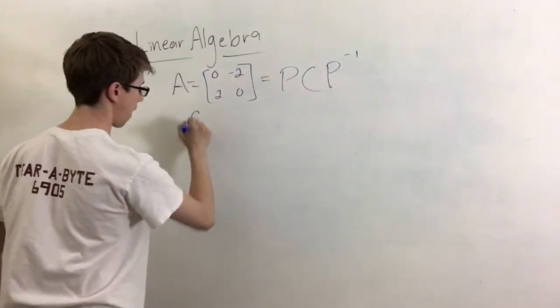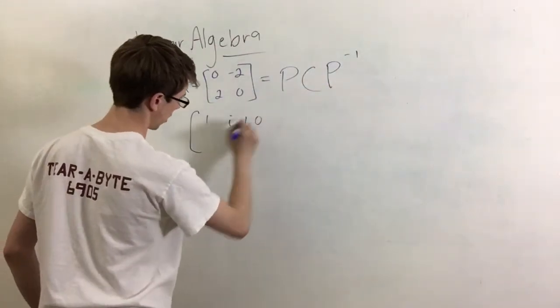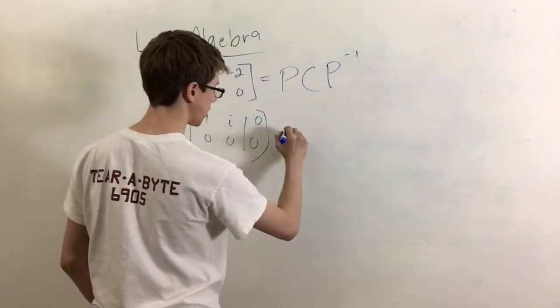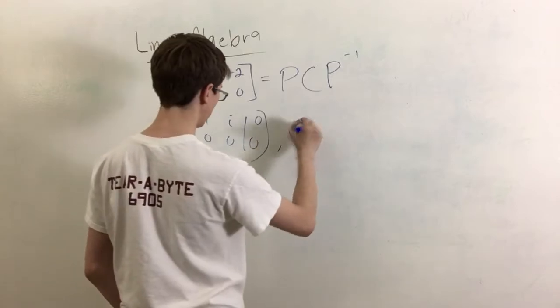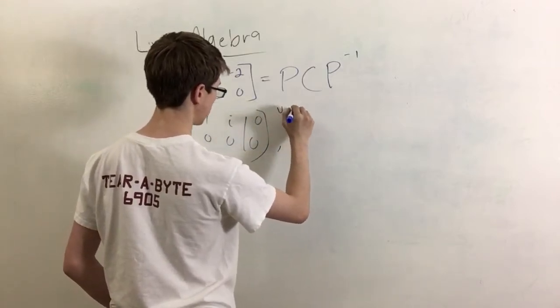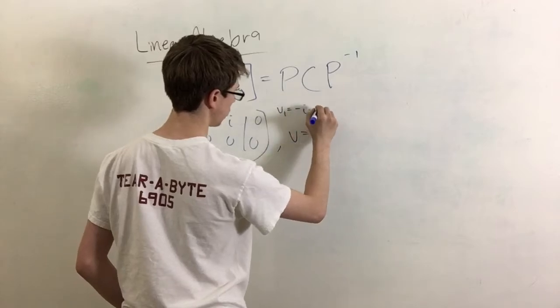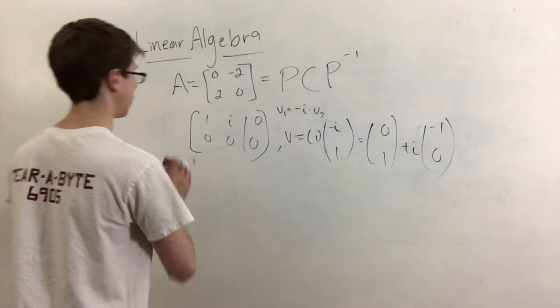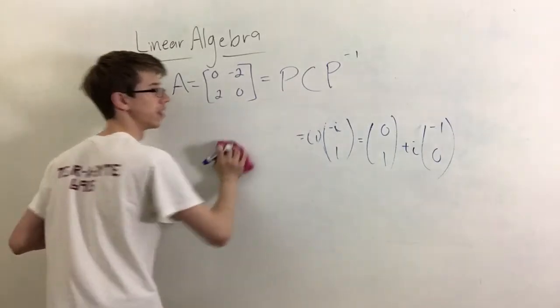So that means that V1 is equal to negative i times V2. Okay, so we get 0, 1, negative 1, and 0. So that means that our V is that.